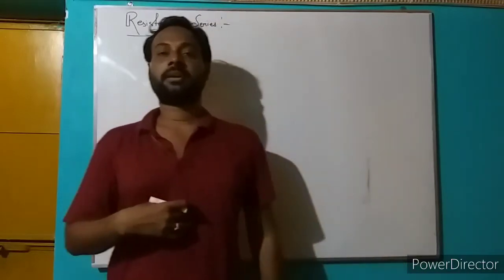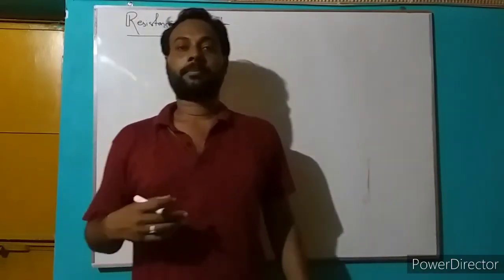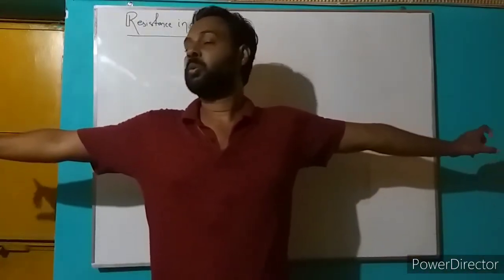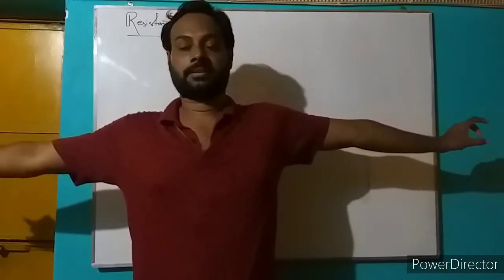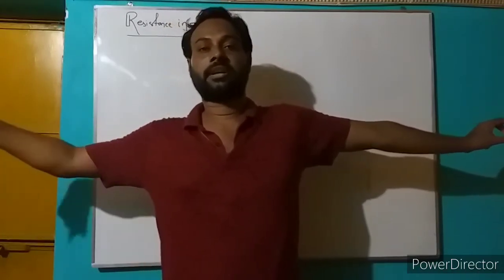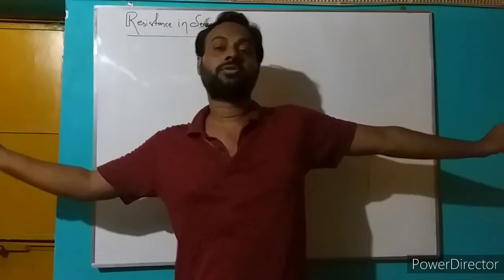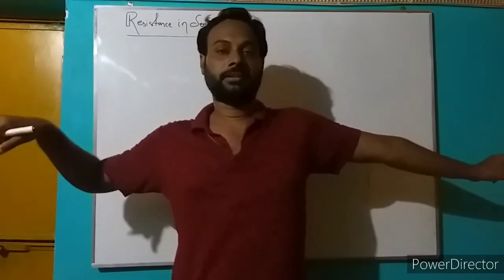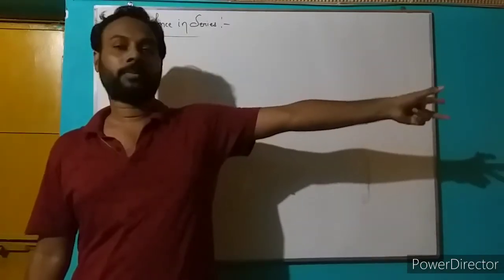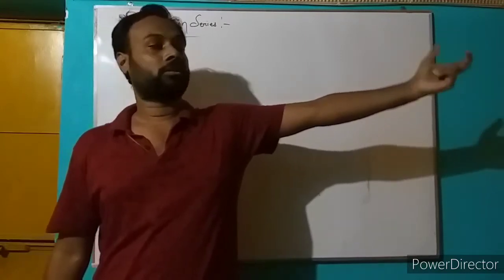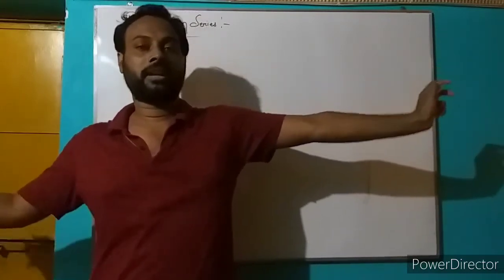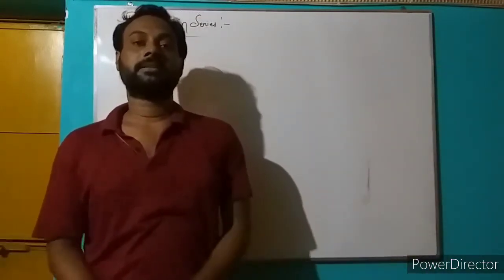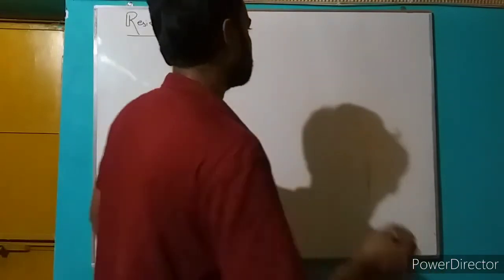If suppose I am a resistor, I contain two ends. One end is connected to another resistor, and my opposite end is connected to another resistor. So they are combined and represent a series connection.